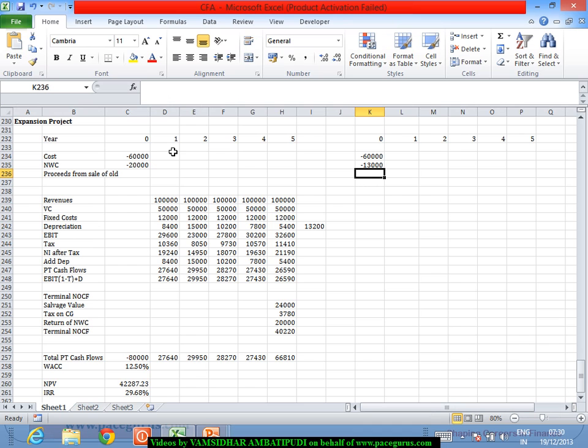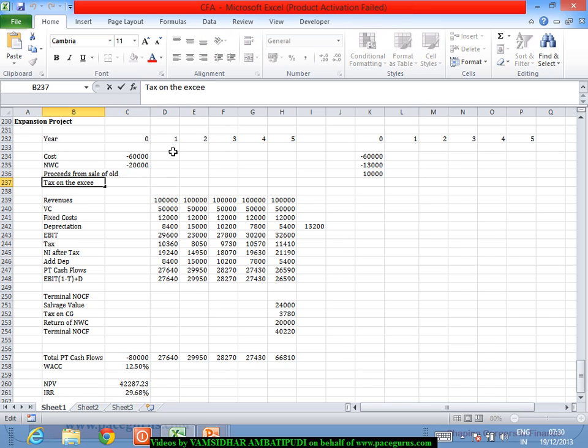So I'll get 10,000, and at the same time the tax, whatever the excess I have sold, whatever is my selling price over the book value, for that amount I have to pay the tax. So now I have a tax also on the excess. Now what is the book value at that point?